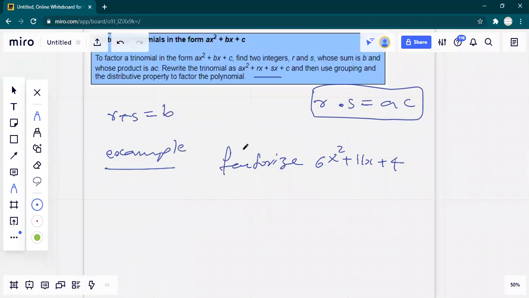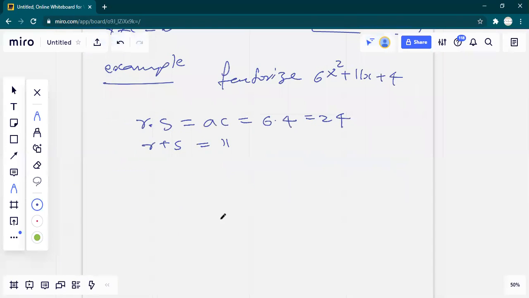So we need r plus s and r times s. The product of the two numbers is equal to ac. A is 6, C is 4, so 6 times 4 is equal to 24. And we need r plus s to be the middle term 11.